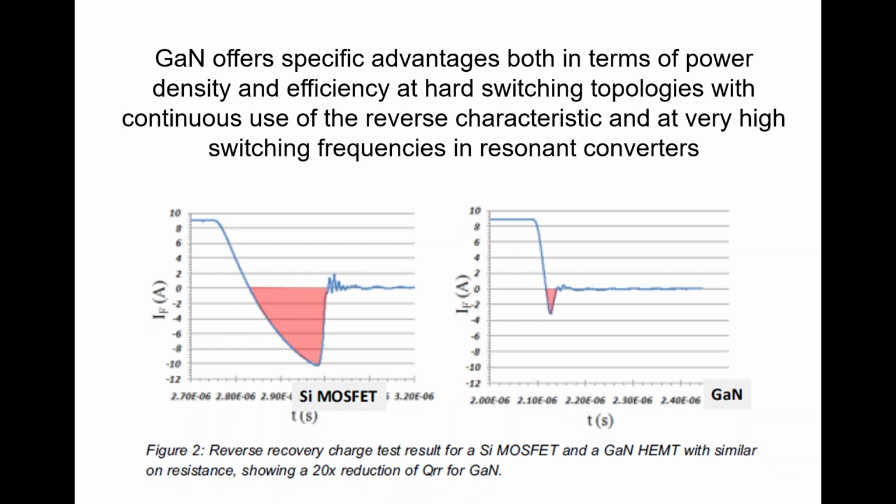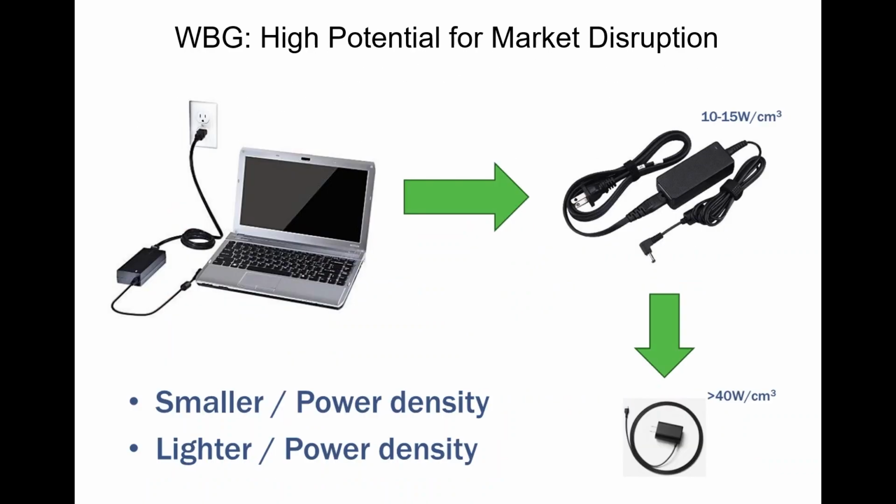And you see that GaN offers advantages of power density, efficiency, and hard switching with continuous use of the reverse characteristic at very high frequency. So we are talking about more than a tenfold drop of the recovery charge here. And that actually allows you to have much smaller devices.